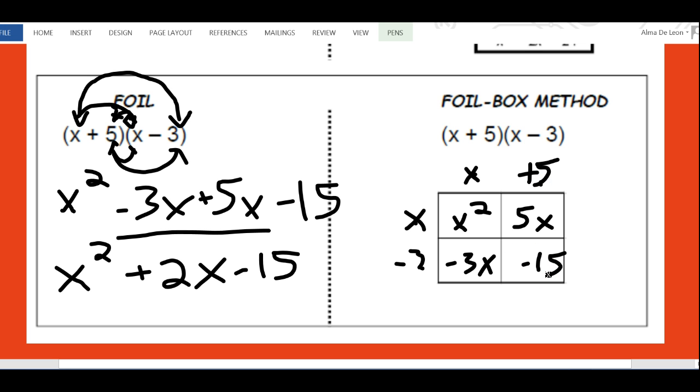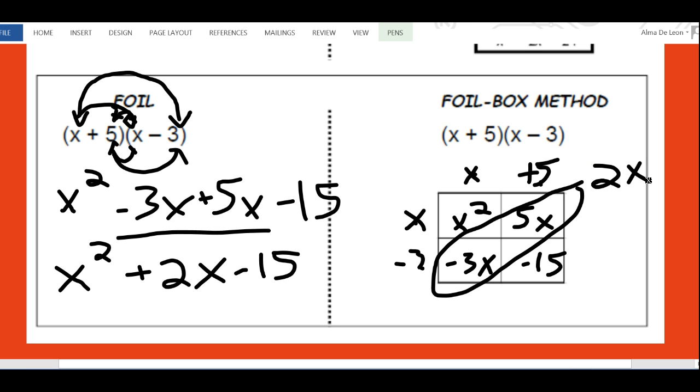And now I'm going to do what's called kind of like the peanut method, because I'm going to take the terms that are on a line that goes sideways on a diagonal like this, and I'm going to add those because those are like terms. 5x plus negative 3x is the same thing as saying 2x.